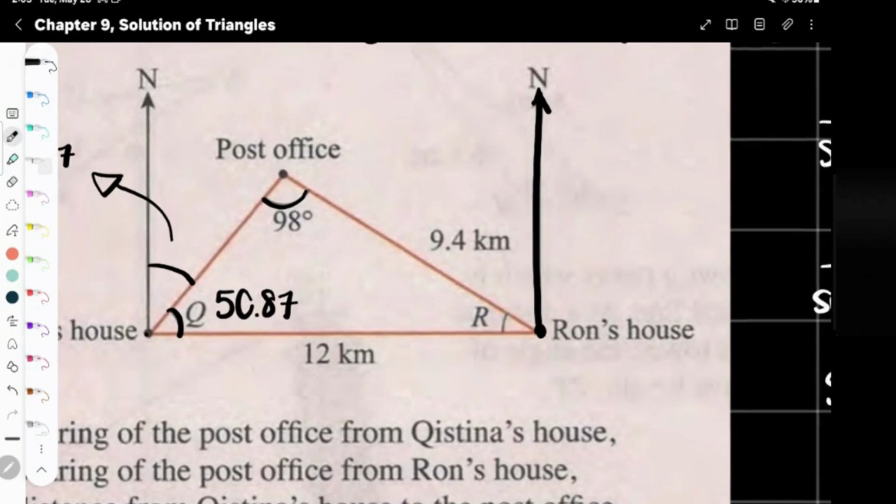So how to do that? First, you can do it like this. Find this angle, which we already know. What is this angle? This will be 90, 90, 90, so this will be 270 degree. Now we have to find the angle of R. So what is R? Very simple.